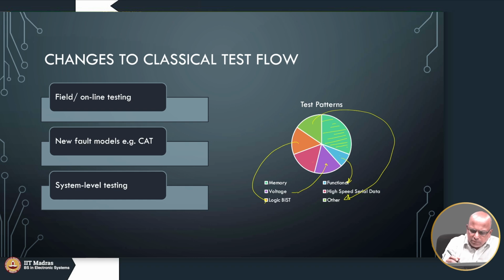And there is an increased emphasis on what is called online testing. What it means is, normally when we are using the chip, we are either testing it or we are using it. So there is a test mode. If test mode is 1, we are testing. If the test mode is 0, it is in the normal mode.